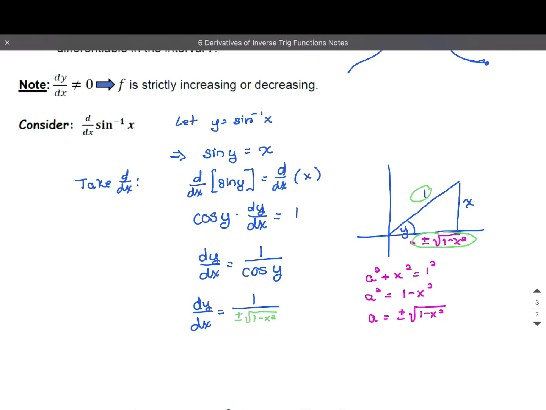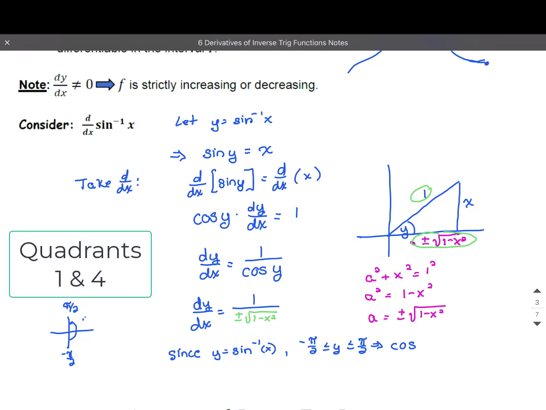We also know that since, remember those domain and range things? Since y equals the sine inverse of x, we have negative pi over 2 is less than or equal to y, less than or equal to pi over 2. That means that cosine, because think about this, from negative pi over 2, that's here, to positive pi over 2 here, we're in quadrants 1 and 4.